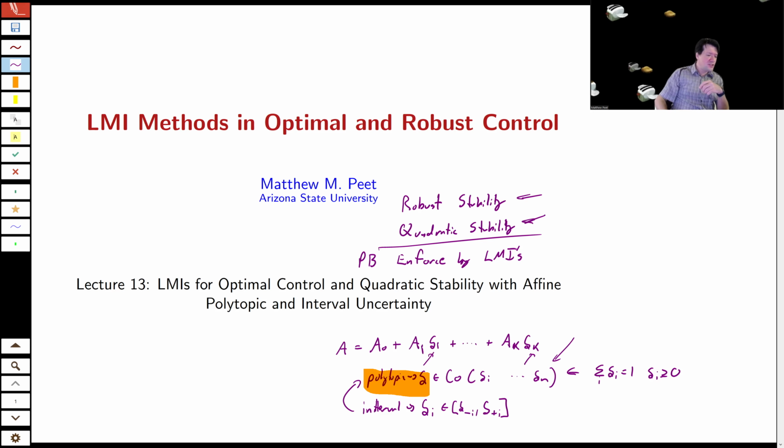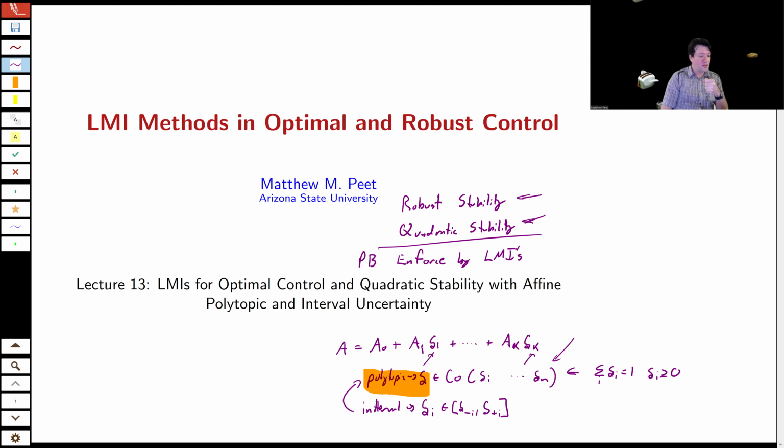And I should make a mention of something here, and I'll talk about it again later on, which is that unlike the optimal control part of this course, chapter 3 or 2, depending on how you're counting, these robust control results really have no analog apart from the LMI framework.